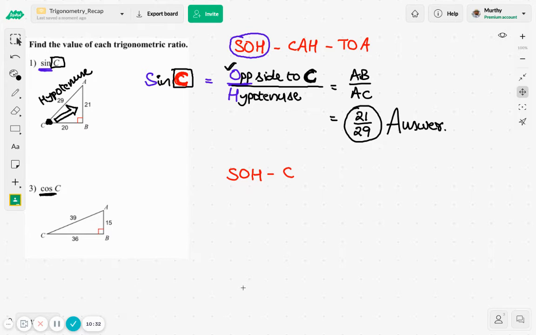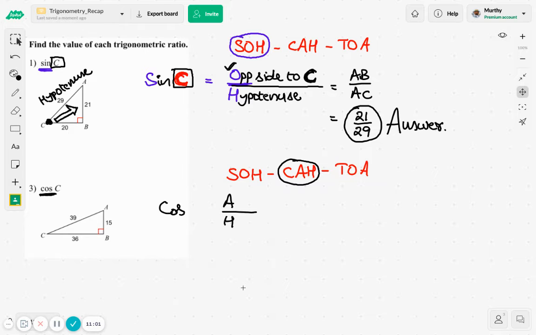So this time I'm going to write for cos. Cos is going to be my second part of the statement, which is CAH. So CAH is the denominator. Therefore, cos.